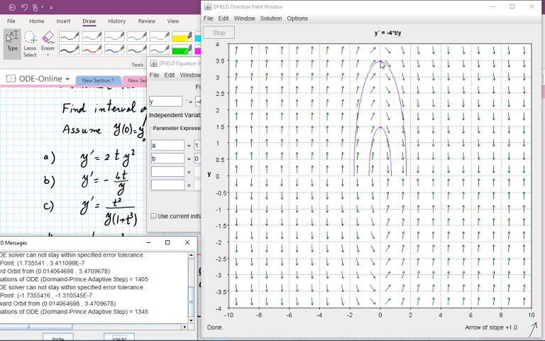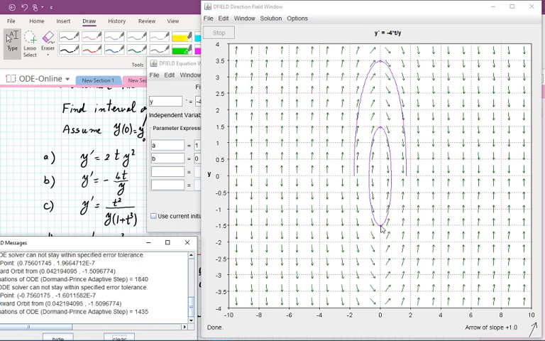Again, this is very different from what we saw in the linear cases. In linear cases, if you go up or down, your domain did not change. Your domain did not depend on y0. Here it does. And if you go to negative, in this case, negative and positive have the same answer.